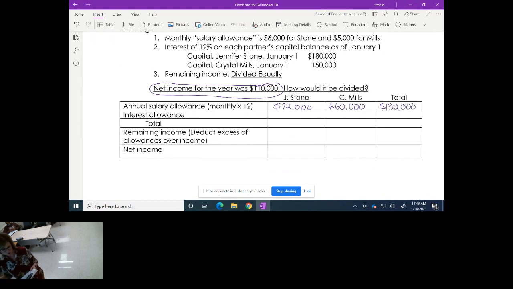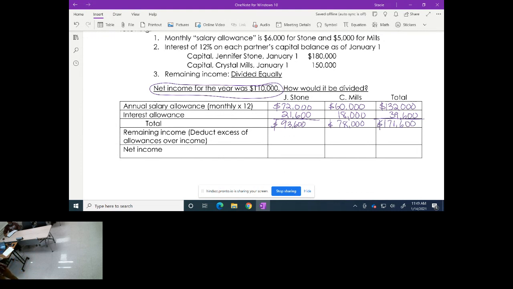This interest we can get from the last problem, 21.6, 18, for a total of 39.6. Do y'all know where all this is coming from? All right, and then the totals are 93.6 and 78. So our total here, we have allocated 171,600.